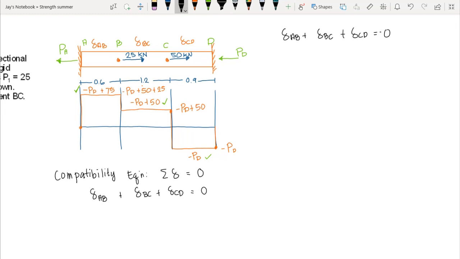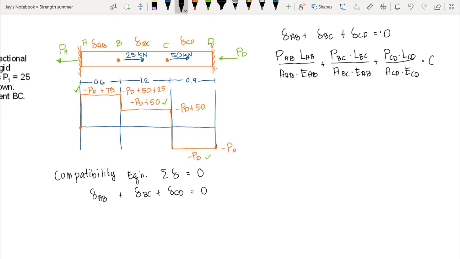Now the deformation of AB here is the internal force in the segment AB times the length of segment AB over the area of AB times the modulus of elasticity of AB, plus the axial force of BC times the length of BC over the area of BC times the modulus of elasticity of BC, plus the axial force of CD times the length of CD over the area of CD times the modulus of elasticity of CD, and this must be equal to 0.